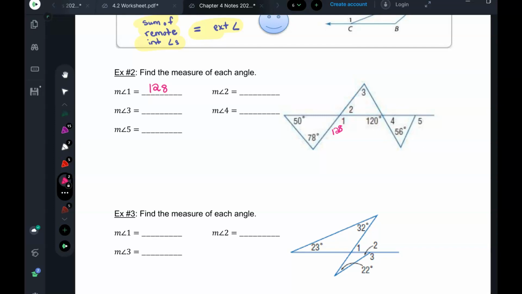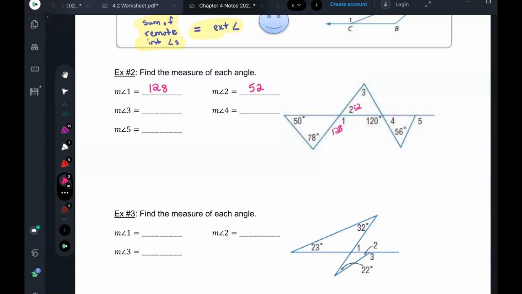Okay, take a look. Now let's focus in on angle 1 and angle 2. What kind of angles are 1 and 2? Linear. It's a linear pair, 180. So these two have to add up to 180. So 128 from 180 is 52. Good.